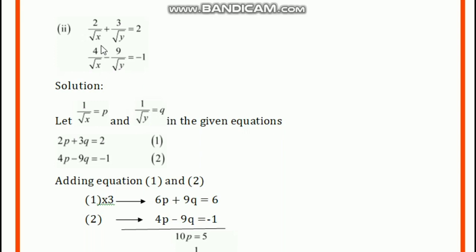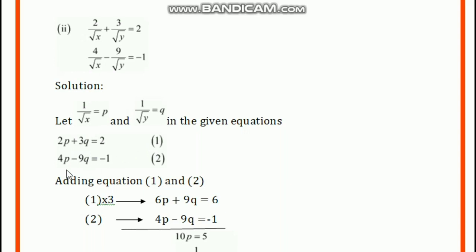So 2 divided by square root of x, this one we can write as 2 into 1 by square root of x. Okay, keep the 2 as it is. No need to change anything because that is a constant value, a numerical coefficient. So the value of 1 divided by square root of x is p, plus 3q equal to 2.